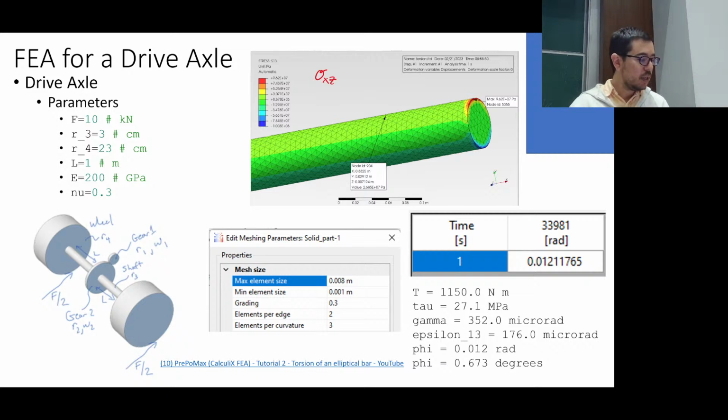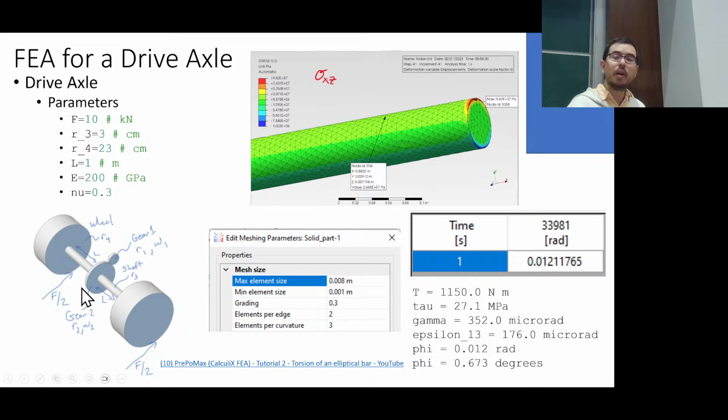So this is just the shaft, for example, in this system. There's a force given, there's a length given, and there is a torque associated with that force times the radius of this wheel. If I apply this torque on one end, then it's got to be applied equally and opposite on the other end to keep it in equilibrium.